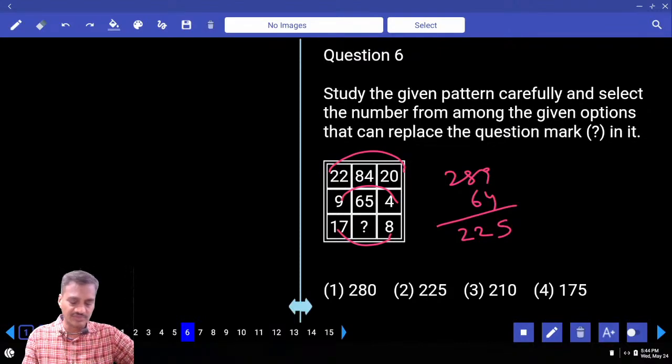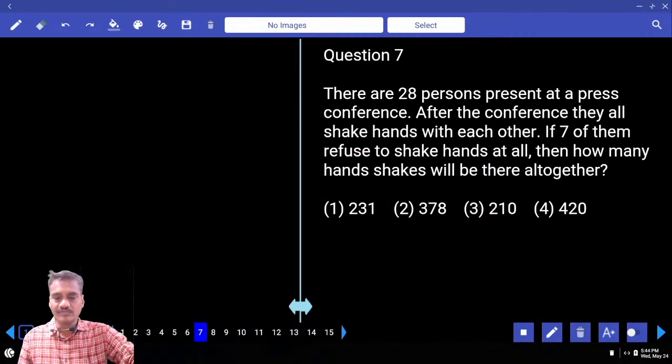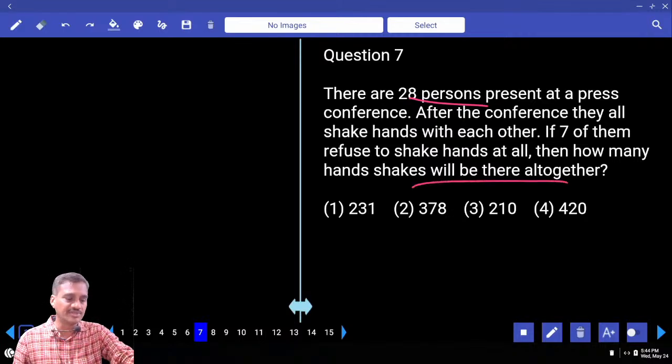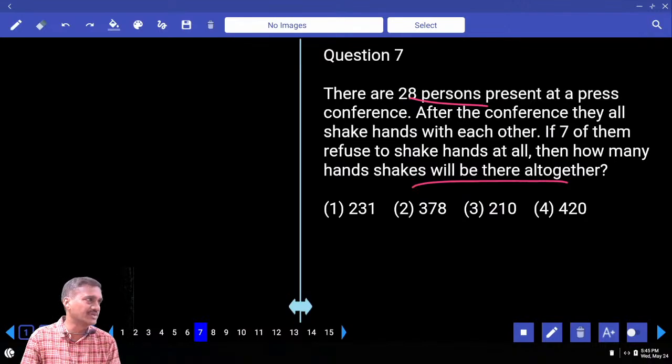The next one, 7th one. Now there are 28 persons present at a press conference. And after the conference, they all shook hands with each other. As they have shaken hands with each other, and if 7 of them refuse to shake hands, then how many handshakes will there be all together? Now 28 persons were there, and it is a combination of what?